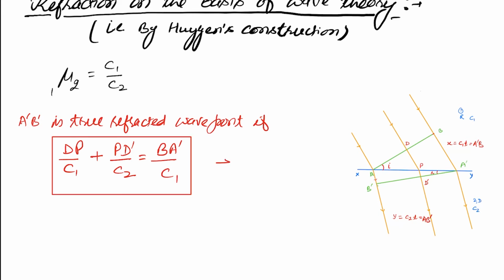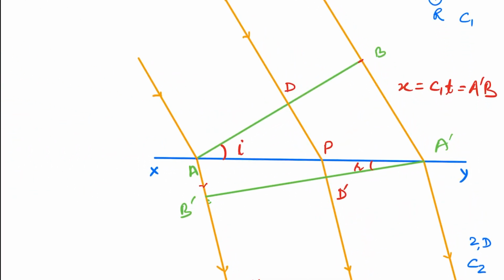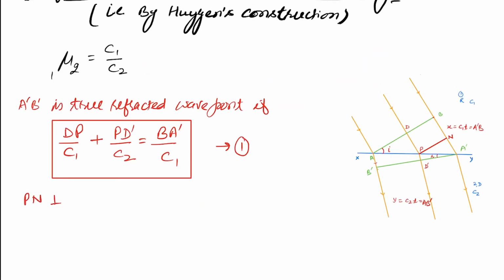Say this is equation number 1. Now draw PN perpendicular on this BA dash, this is say N, and therefore AB dash is equal to BN plus NA dash. PN is perpendicular on BA dash, therefore BA dash is equal to BN plus NA dash.